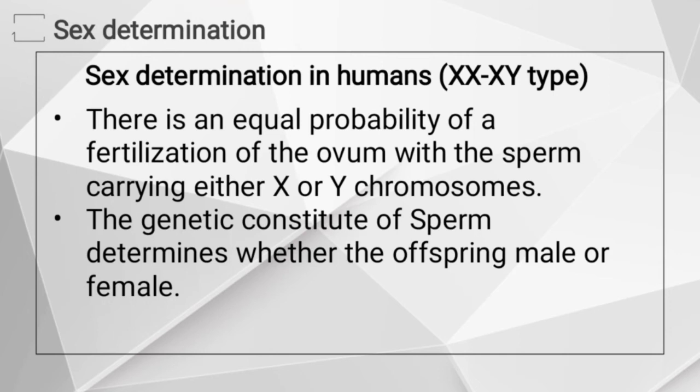This is the sex determination in human. In human, the male is heterogametic and the female is homogametic. In humans, the genetic constituent, the genotype of the sperm, decides whether the offspring is male or female.